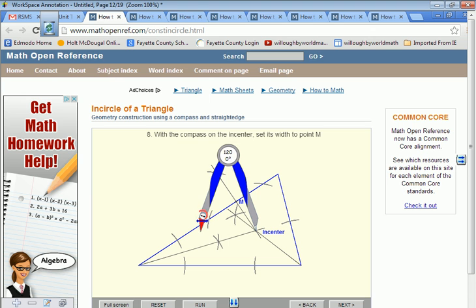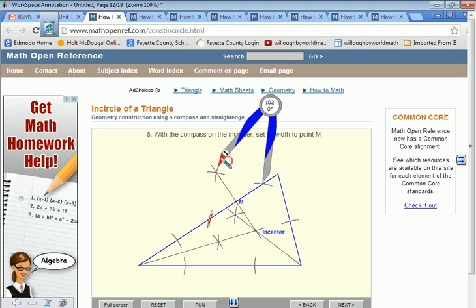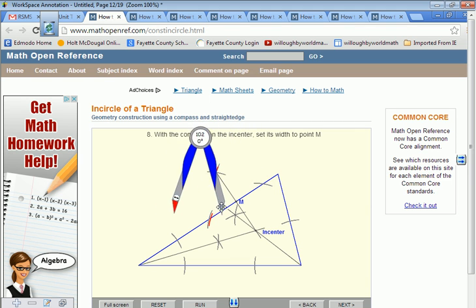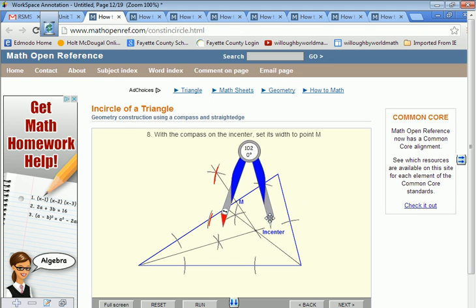They found that intersection and they arced here, and then they brought it over and arced over here, and then they shifted it up to here and arced, moved it over to here and arced. My circle wasn't big enough.